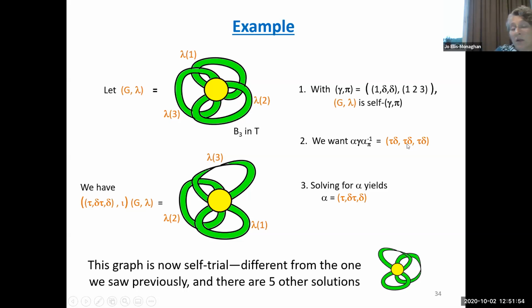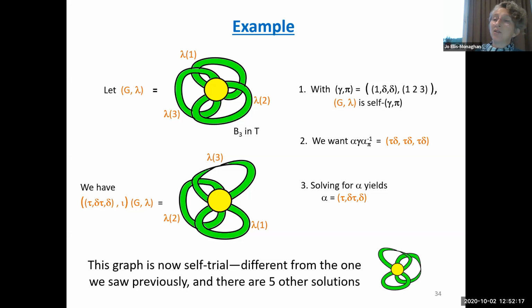I put that into the top of the commutative diagram. I solve for alpha. The alpha I get is tau delta, tau delta. I now apply this to my original graph, and I get this graph, which is self-trial. It's different from the one we saw previously, and there are 5 other solutions.